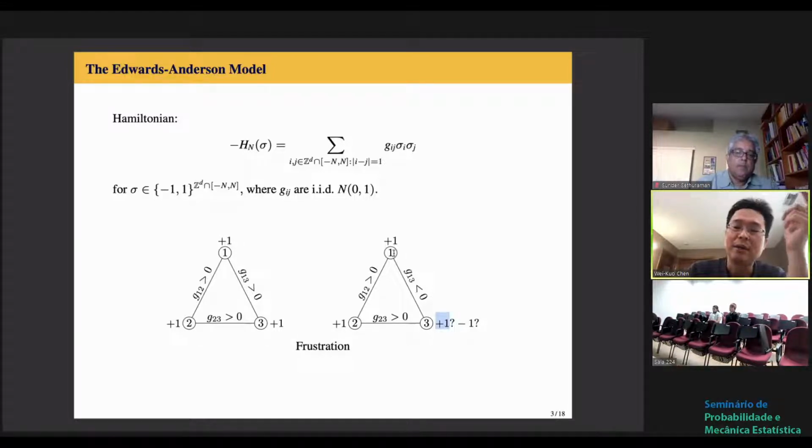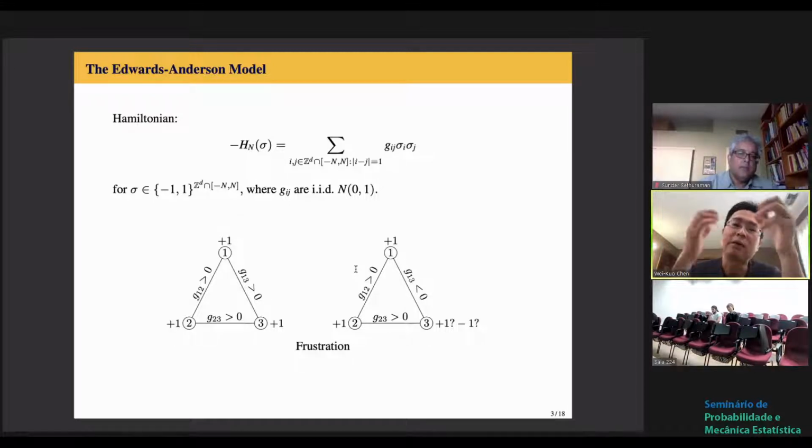But on the other hand, if you go along a different route, let's say 1 to 3 directly, then since this is negative, you better put a negative sign here in order to increase the value. So the way that you assign the spins is highly dependent on how these G's are given, depending on the sign.